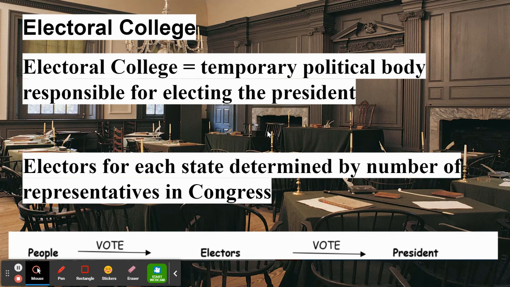Right, so the Electoral College. It's a little confusing, a little challenging, okay? And it also means that sometimes the person who won the popular vote doesn't become the president. We saw that very recently with Hillary Clinton and Donald Trump.